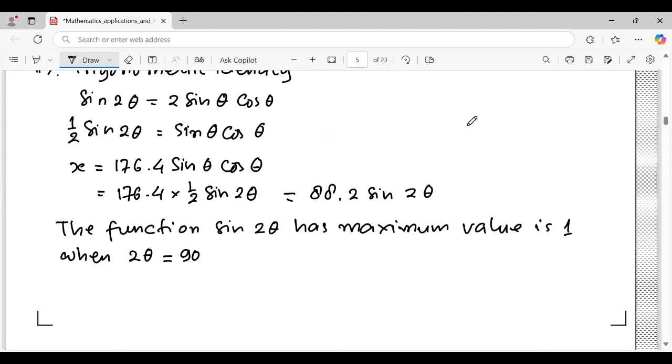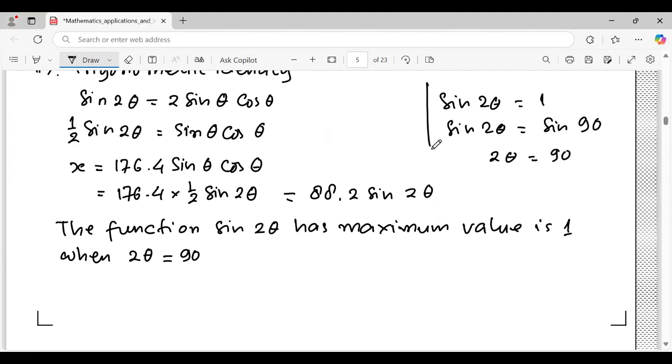It means theta equals 45 degrees. So the maximum value of x occurs when theta equals 45 degrees.